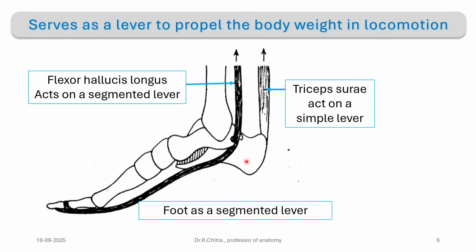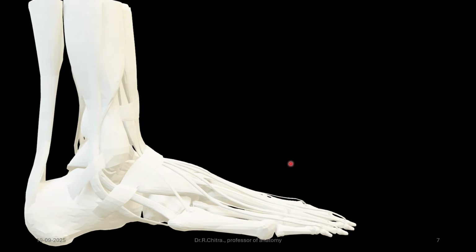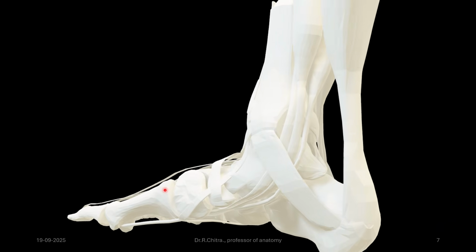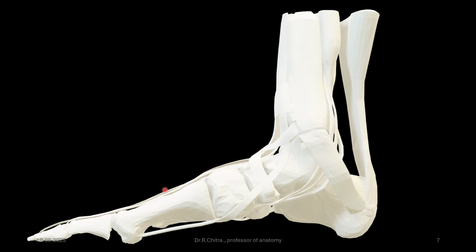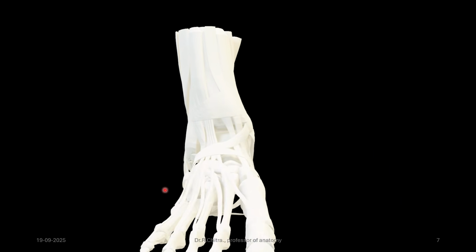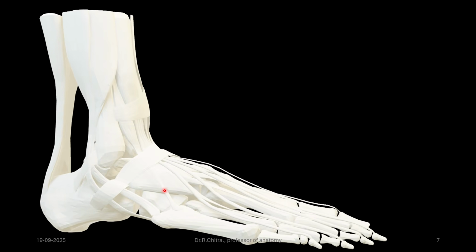It can distribute the body weight effectively if it is arched. So for its functions, the foot is segmented, the foot is arched. Segmented and arched foot for its two main functions of weight bearing and the segmented lever in walking, running and jumping.